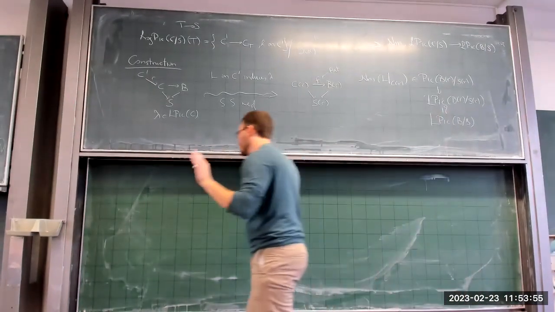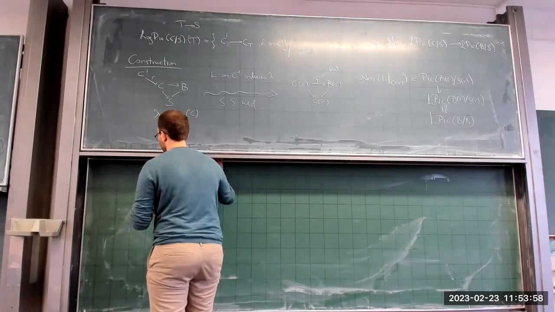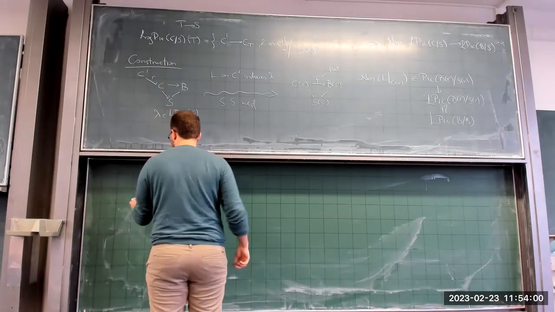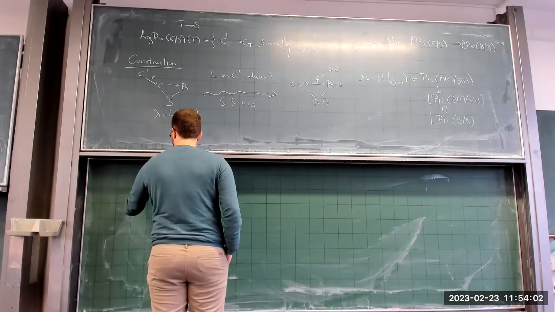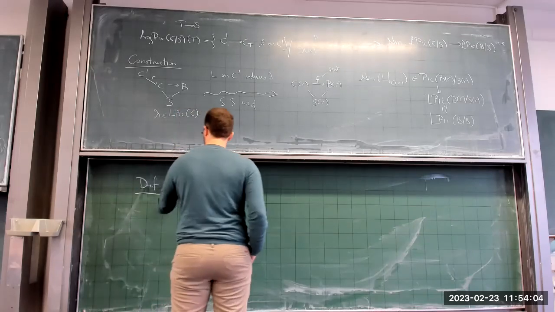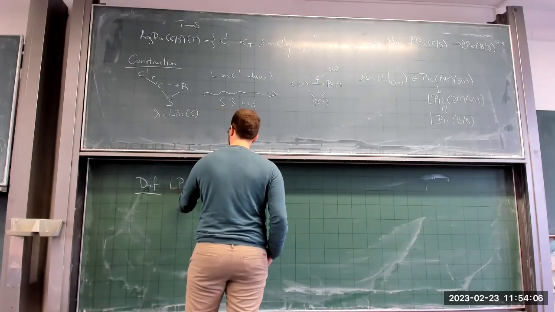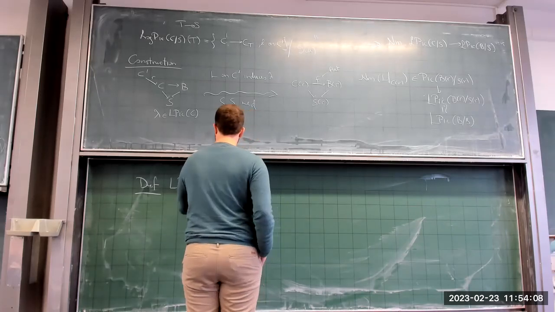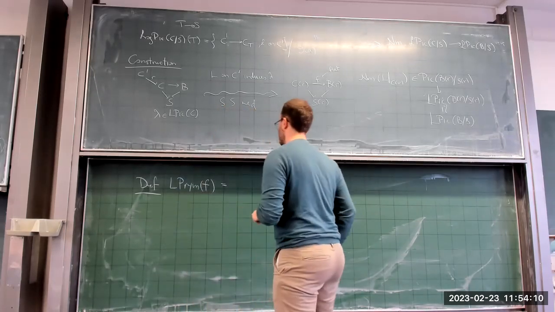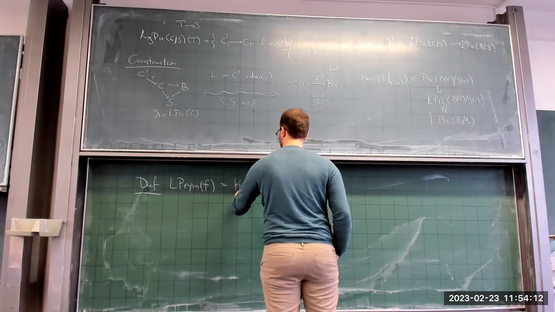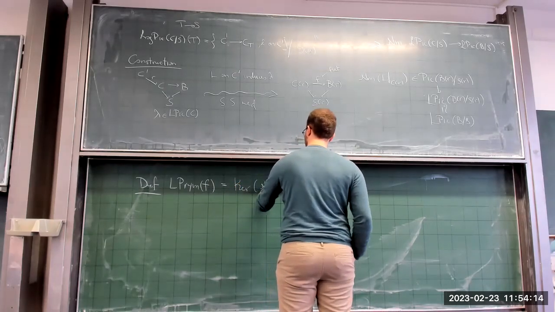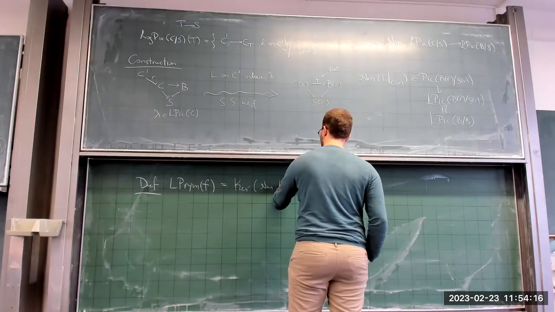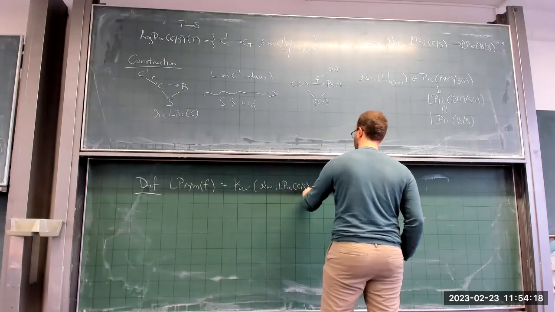So I'm going to use my, I don't know, my own definition, I guess. But my definition is going to be that the log Prym of F is going to be the kernel of the norm, from log Pic of C over S to log Pic.